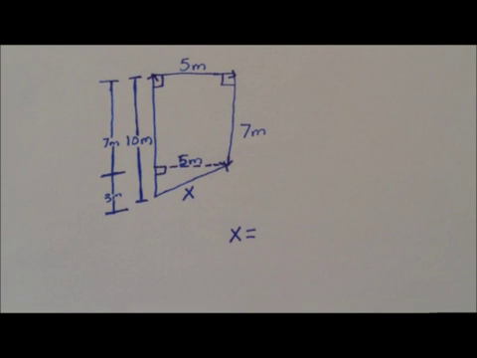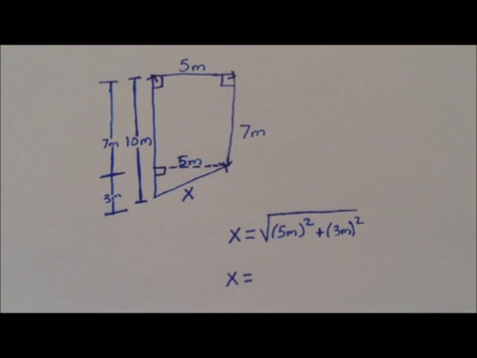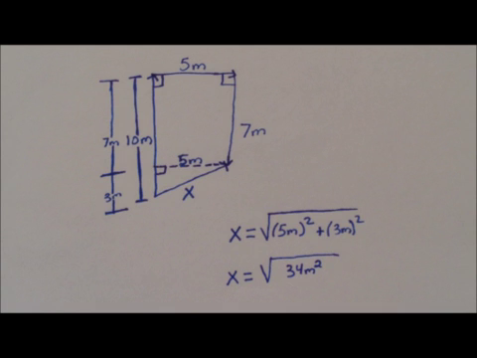So here I have x equals the square root of (5 meters) squared plus (3 meters) squared. Easy calculations. So you'll get x equals the square root of 34 meters squared.